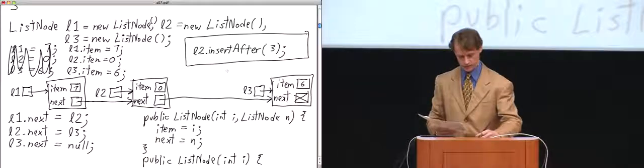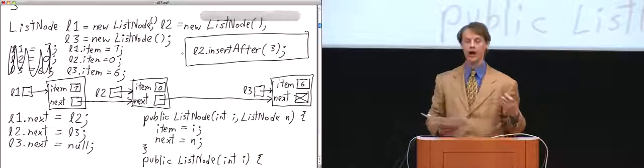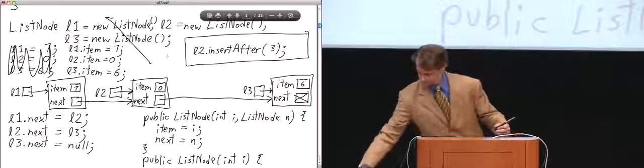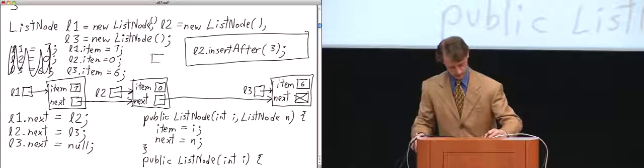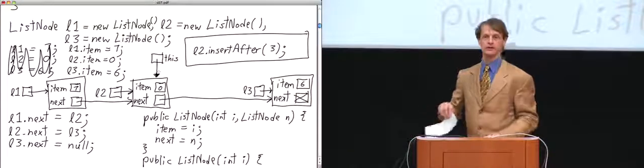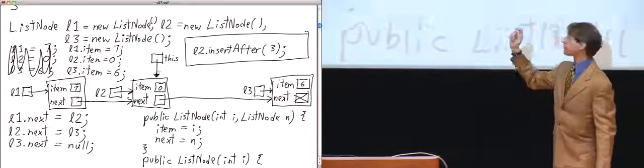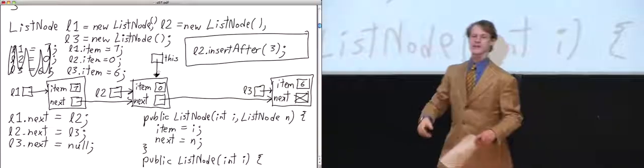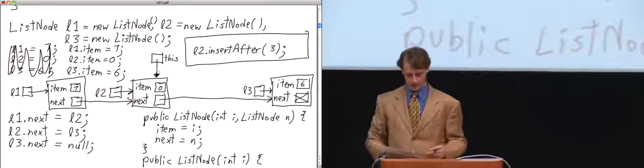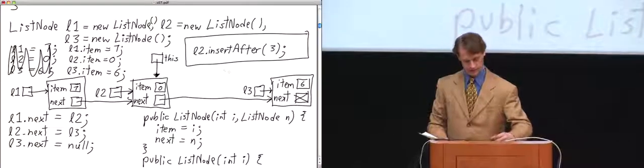Let me point out that when we call insertAfter, there's a local variable called this. And this points to the same thing as L2. Java has just copied the reference in L2 up into a box called this, which exists inside the insertAfter method.